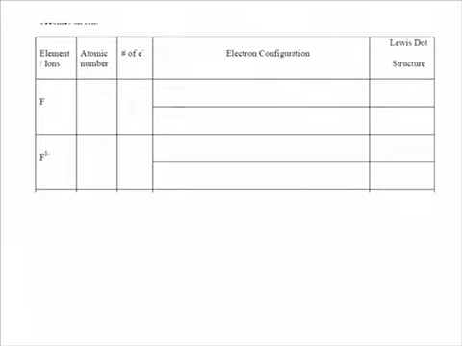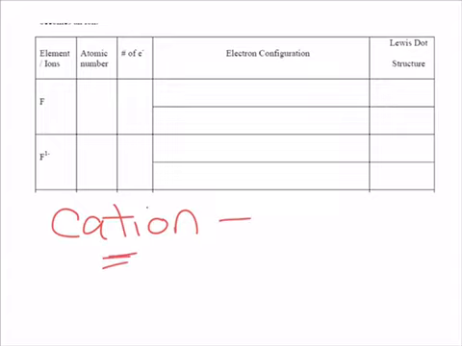Now, when you do your second worksheet, you're going to be working again with the element, and then how does that element become an ion? And remember that when an atom becomes a cation, which is a positive ion, it does that by losing electrons.